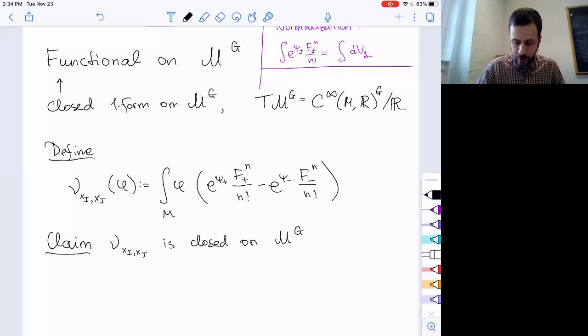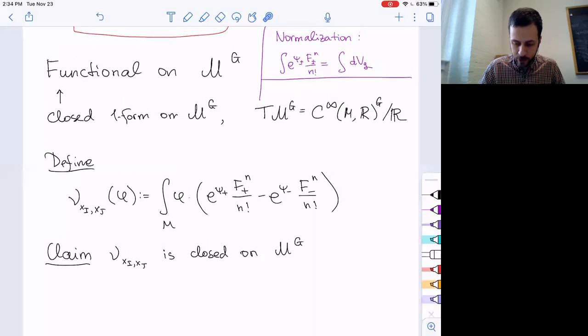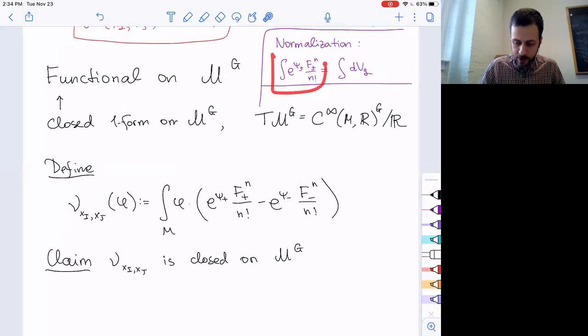And following up on Mario's question, with such normalization, if these two total volumes are equal to each other, this one form is independent of adding a constant to the function phi, as we want it to be. We want it to be an element in the space modulo constants.